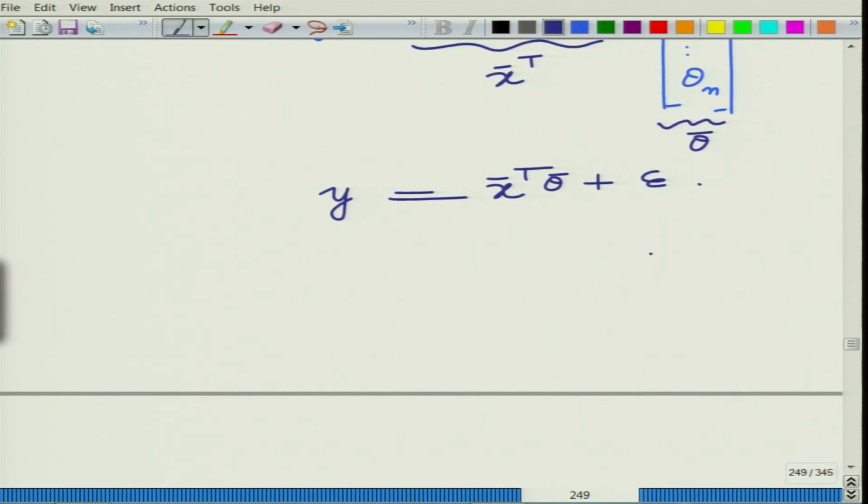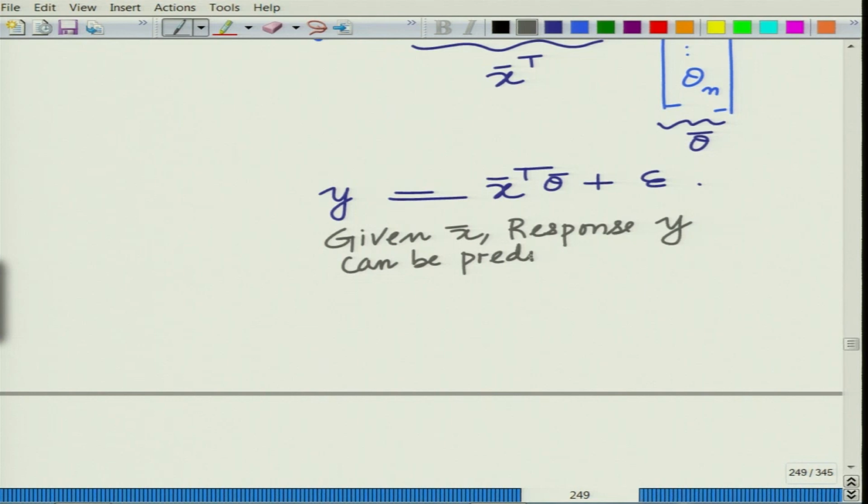Again, as I already told you, this theta bar contains the regression coefficients, and naturally now the response can be predicted, given the independent or explanatory variables x bar, once you know the model, as y hat equal to x bar transpose theta bar.